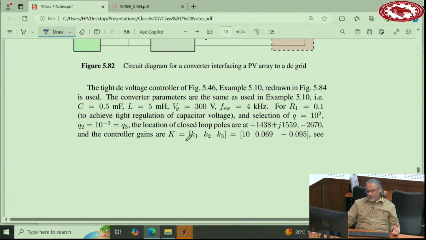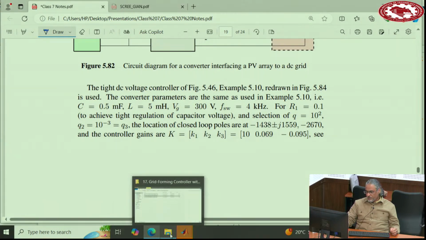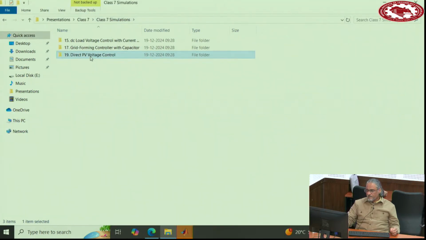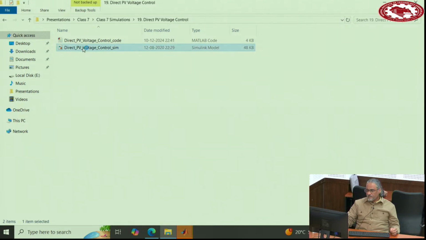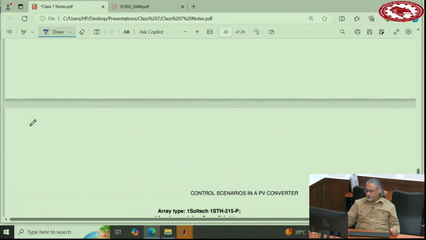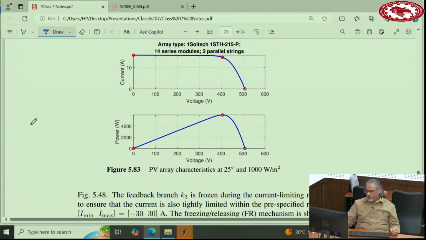So you need to design K1, K2, K3 for the current controller to make sure that you can limit the current. So the same design approach. Now if I open the file, open it while we are talking, this is the characteristics of solar panels.